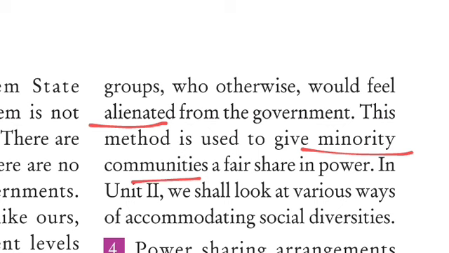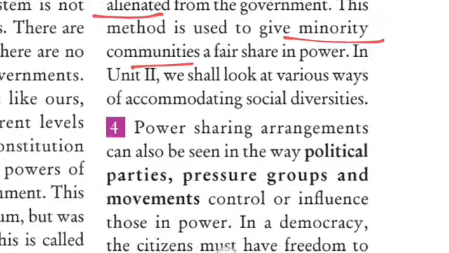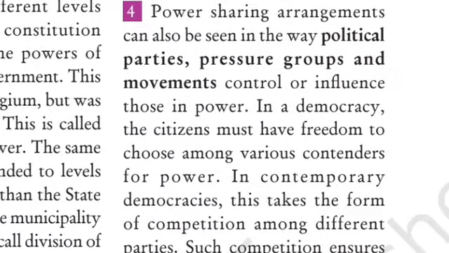Now the fourth point is that power sharing arrangements can also be seen in the way political parties, pressure groups, and movements work. You have read about coalition government in class 9th itself, right? So there are some political groups, pressure groups, parties, and movements who control or influence those in power. Suppose the BJP is in power, then there are some social groups in the society.